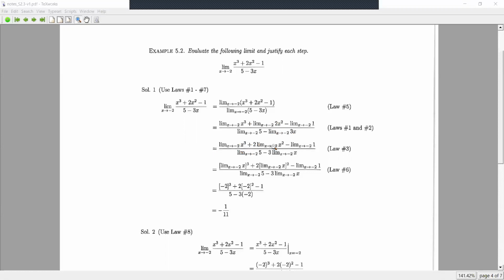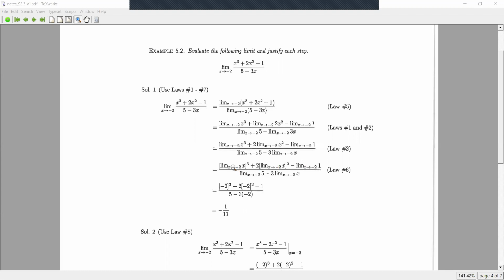X to the third, x squared, they are power functions. So I can apply power law to them to get this equation. Okay, now we have 5 limits to determine, but these limits are simple enough.